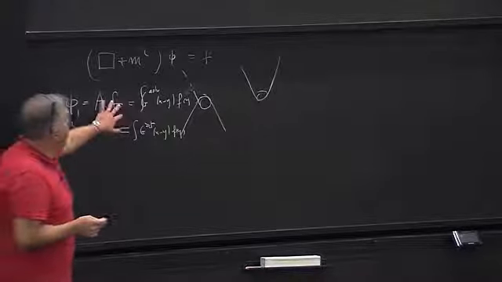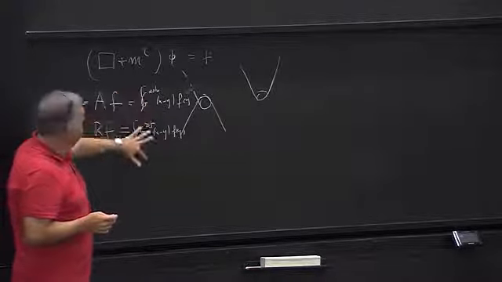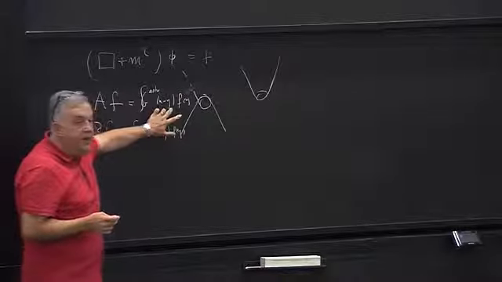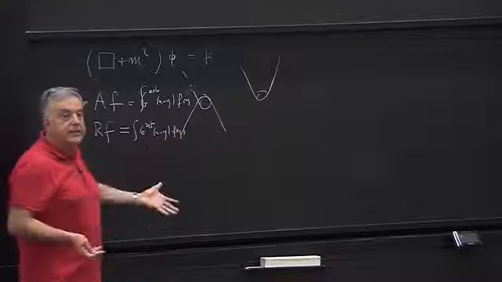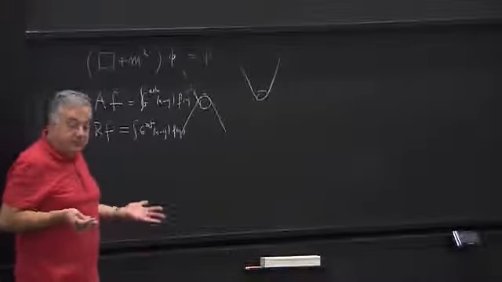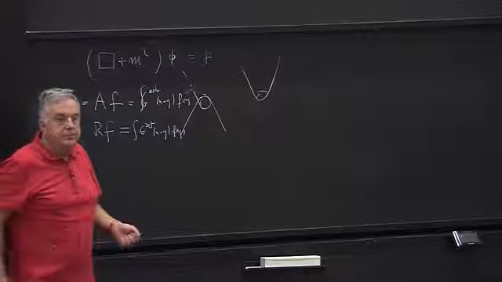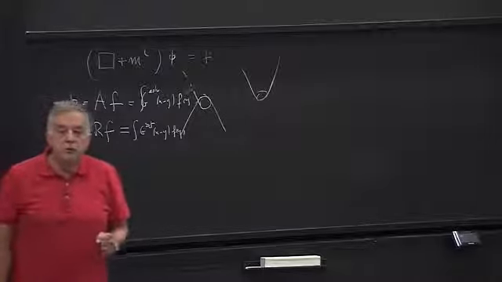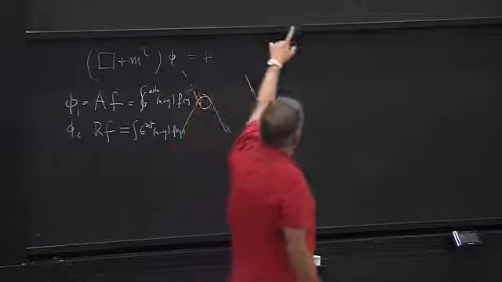Because when we apply the Klein-Gordon operator to the retarded or the advanced propagators, we get a delta, and then we convolve this function with the delta, and this gives back f. Okay? Did you follow? So we are going to do this with that function.